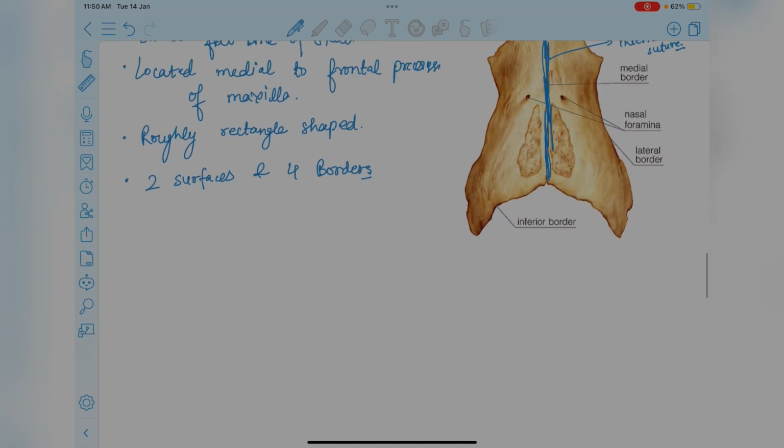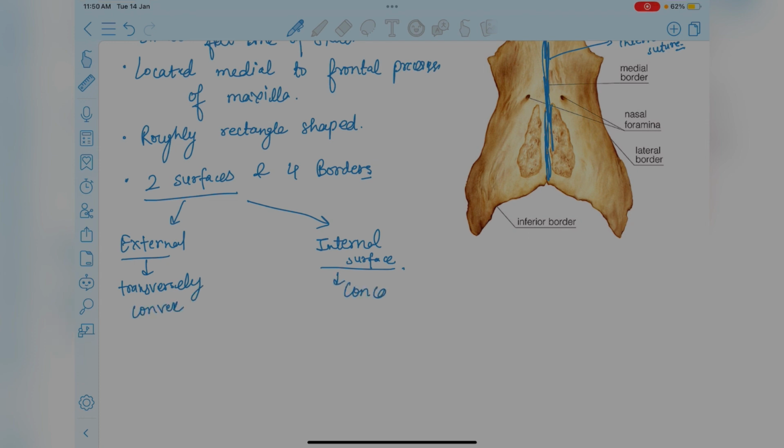Now, as I said, it has two surfaces. The two surfaces are the external surface and the internal surface. The external surface is transversely convex, whereas the internal surface is concave and it has a long groove for the anterior ethmoidal nerve.